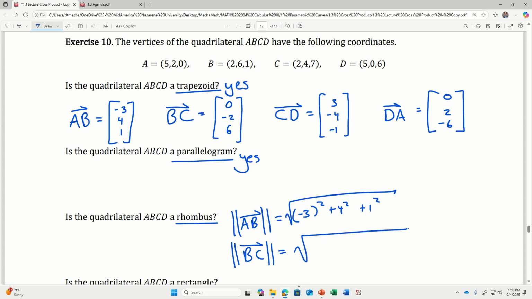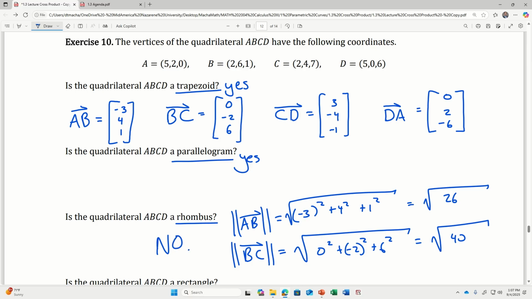And the norm of BC is going to be 0 squared plus negative 2 squared plus 6 squared. And so that's like the square root of 26. And this is the square root of 40. So no, not a rhombus. It doesn't have all equal side lengths.